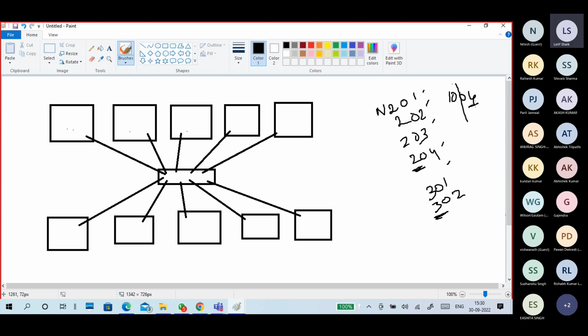Door number is 4, but floor number is 10. Then 10005, 10006, 7001, 701, 702, 703, 704. It's the 7th floor. Door number is different. So to understand this IP address part, network and host part: the host part is different and the network part is always the same in the same network. See, this part is changing, but this part is constant.